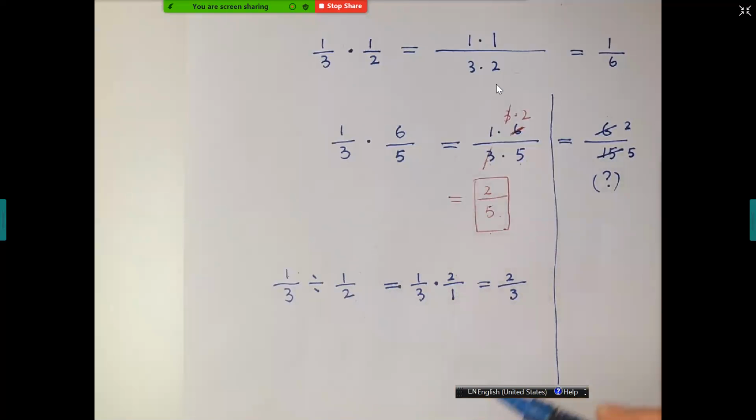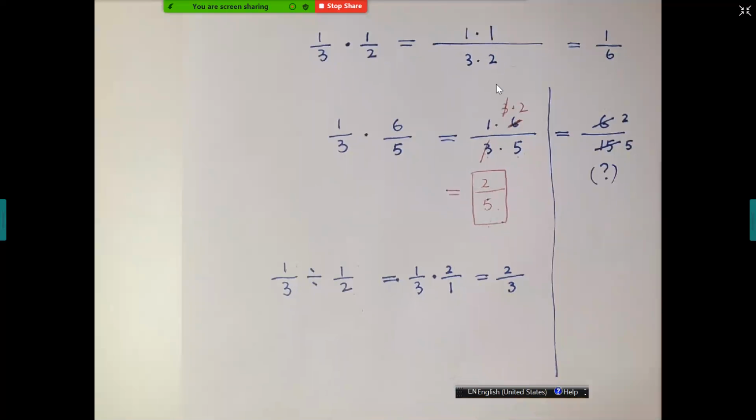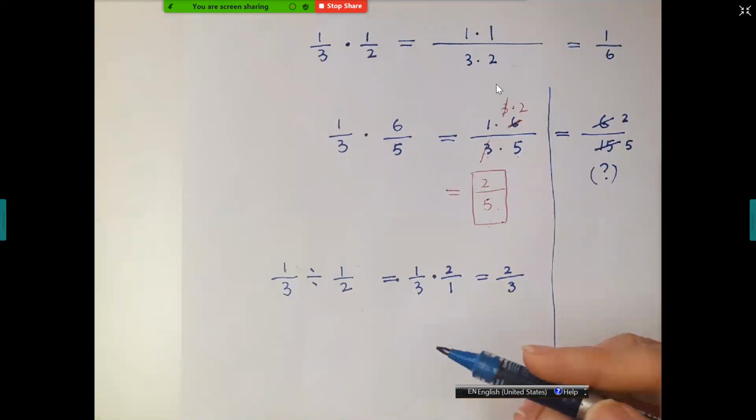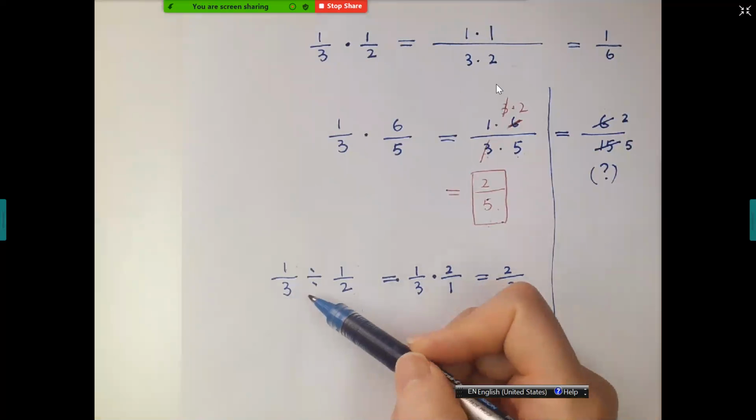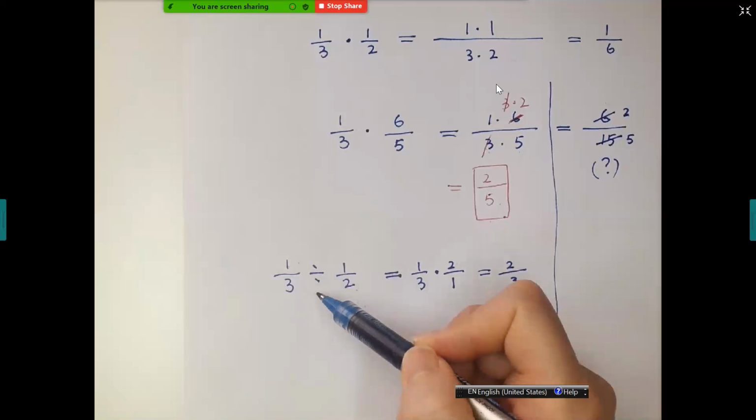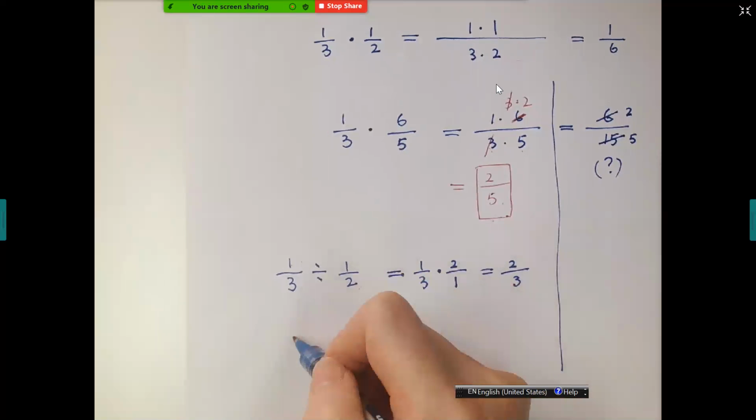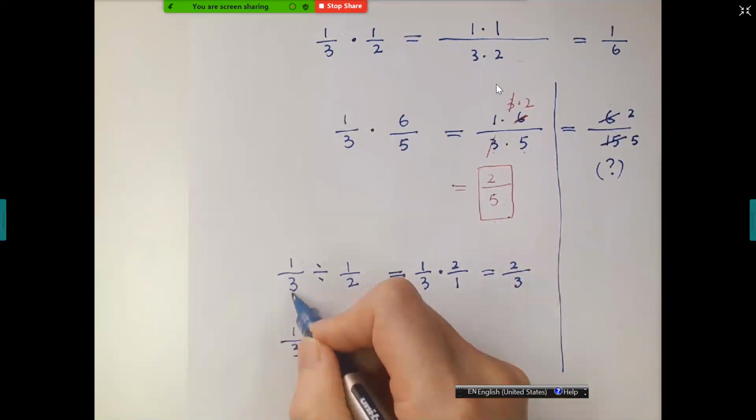If you don't remember how to do this problem anymore, follow my way now. Whenever we do division, we always turn the division into multiplication. The first number stays the same.